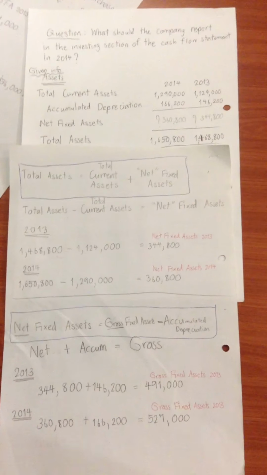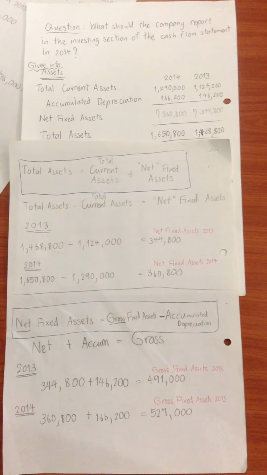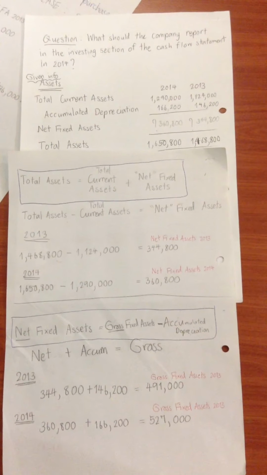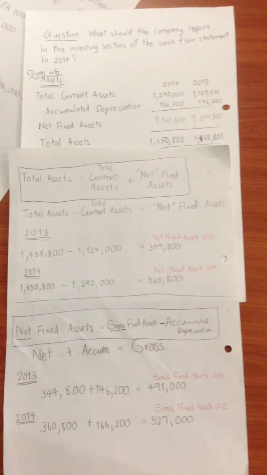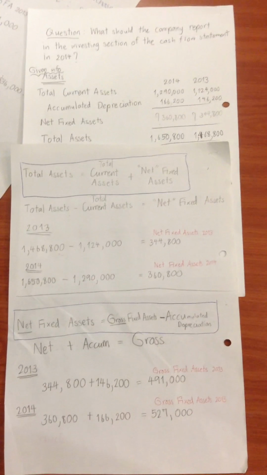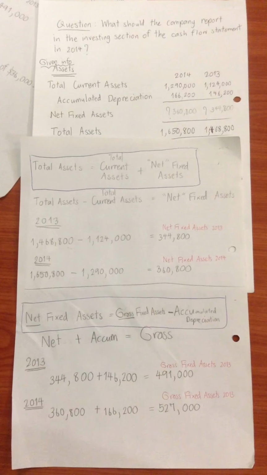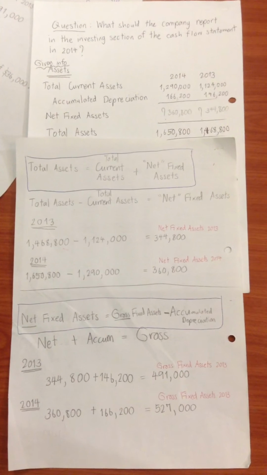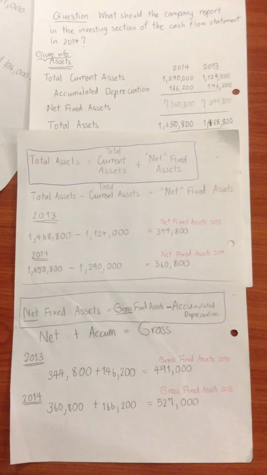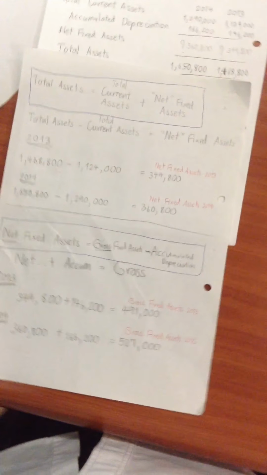So you can easily find the net fixed assets by using the total assets minus the total current assets. So I have shown you how to get the net fixed assets of each year. For 2013, you would get the number as I have written in red color.